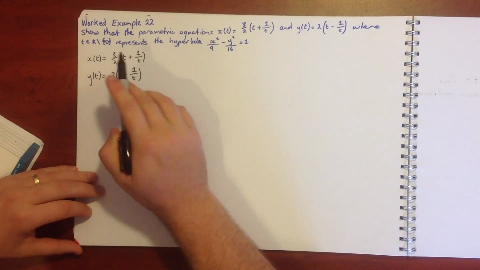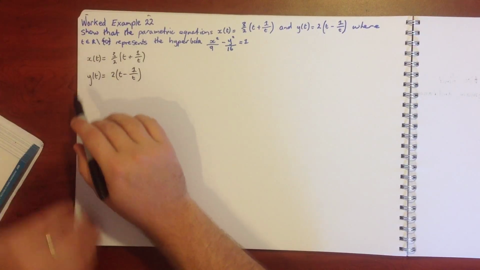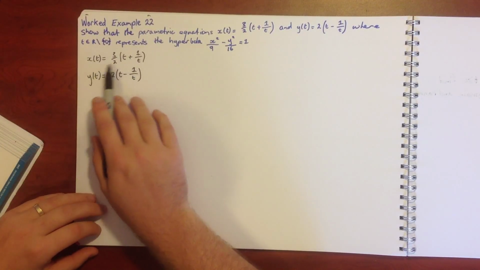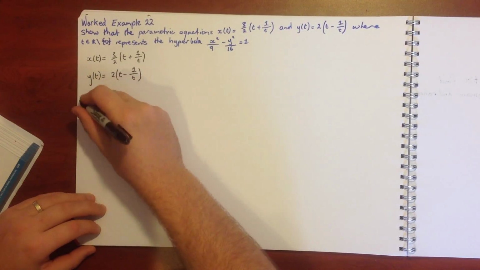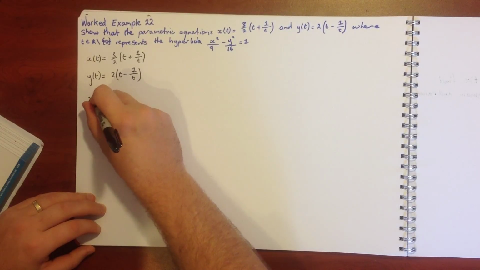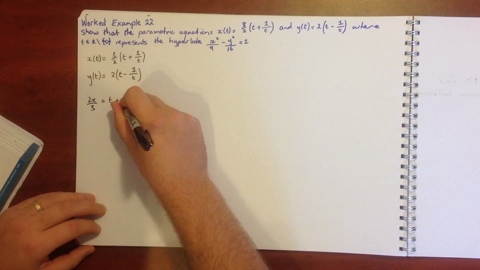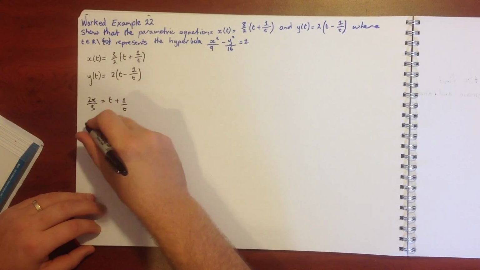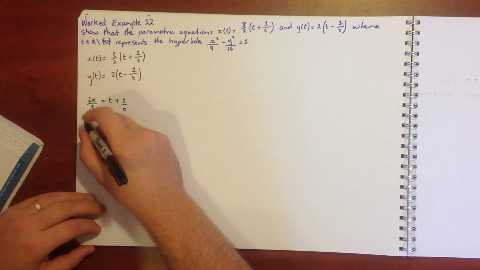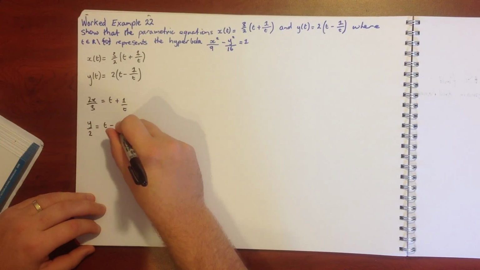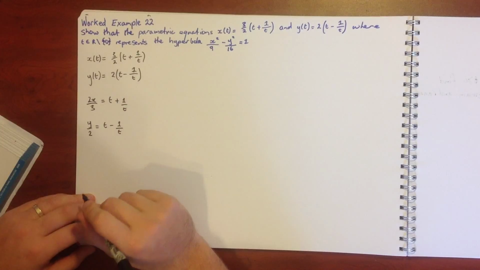Okay, and so we're going to just think of this as x and y rather than our x of t and y of t, sorry. So we're just going to multiply across here, so we're going to get 2x on 3 equals t plus 1 on t. Okay, and this will be our y on 2 equals t minus 1 on t.